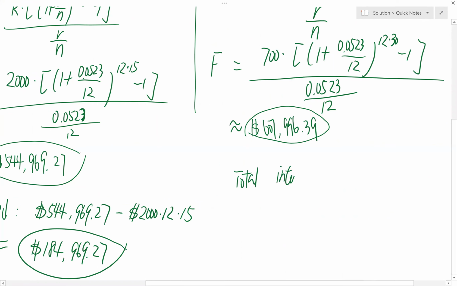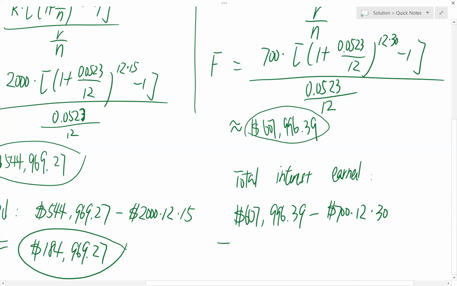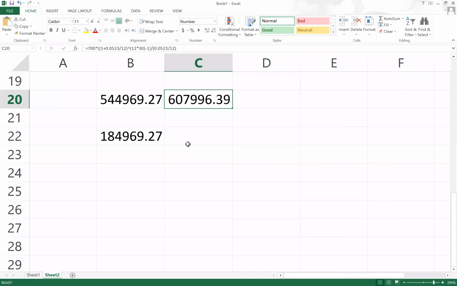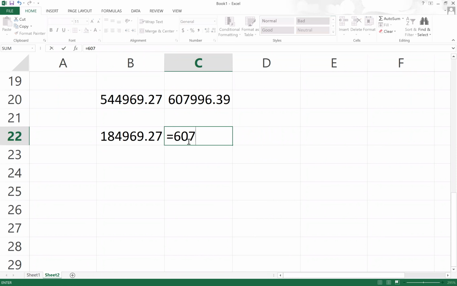Total return from the retirement account will be 607,996.39 minus $700 times 12 times 30 years. Let's see what the total return on this retirement account will be. So we'll do 607,996.39 minus 700 times 12 times 30.